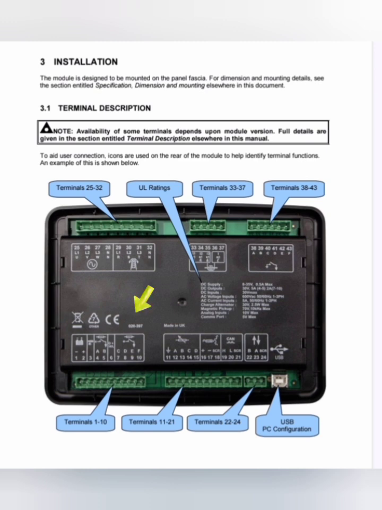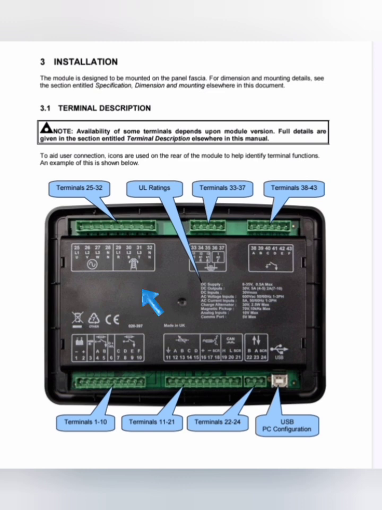This is the battery connection and also the fuel, crank, charging alternator and digital inputs. After that, terminals 11 to 21 are analog inputs, oil pressure sensor, temperature sensor, and after that, 16, 17 and 18 are the MPU inputs.